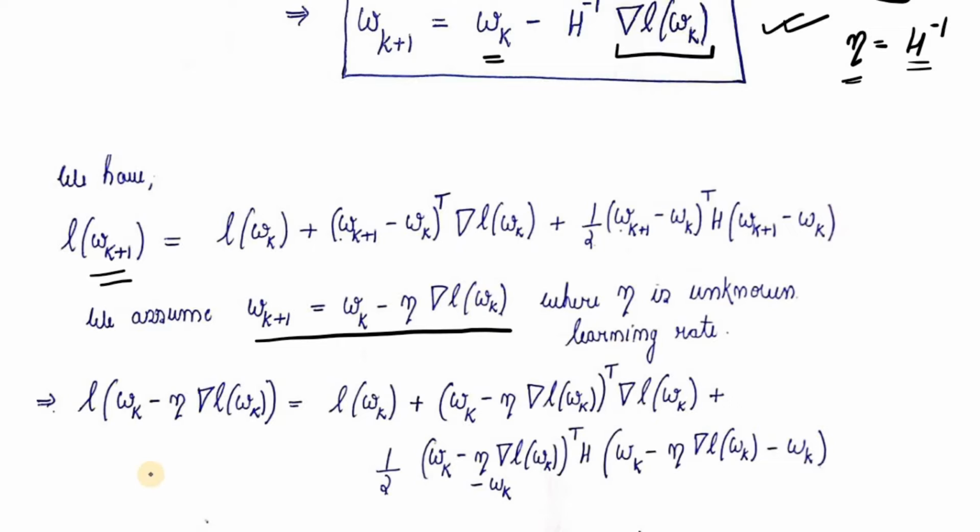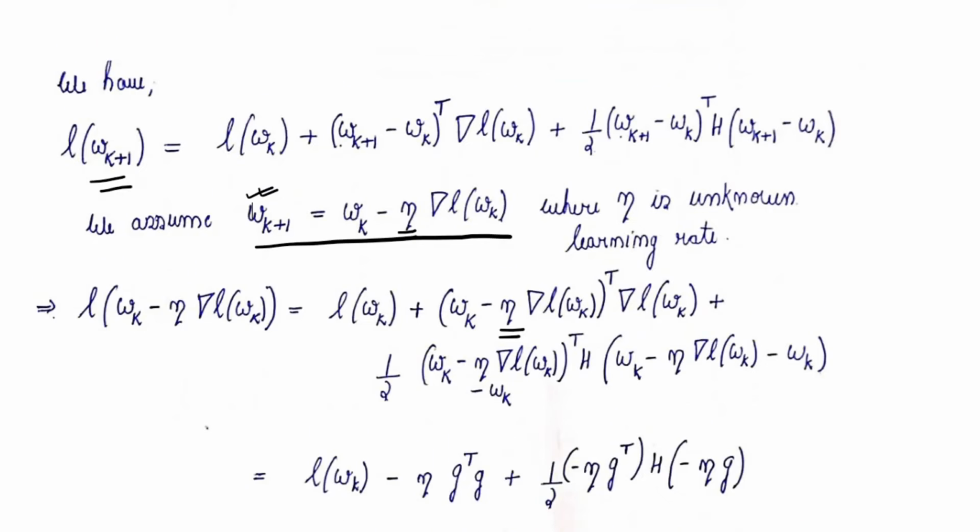Over here, we can clearly see that at this point we have only one unknown term, which is eta. So we know wk, and we know that w(k+1) could be expressed in the form of wk. We established this relationship previously. And now we proceed further and we get the results like this.